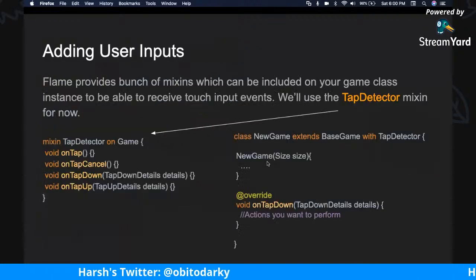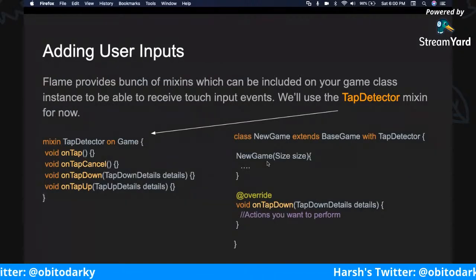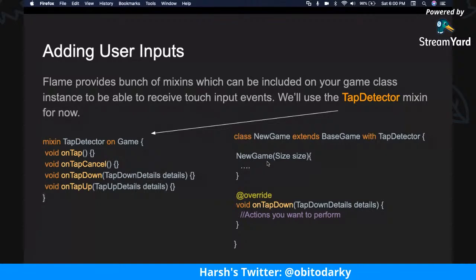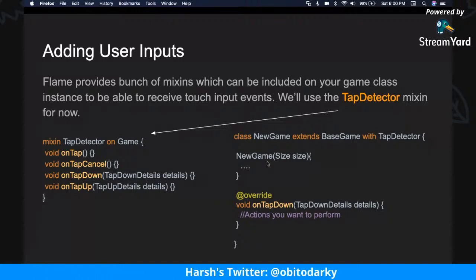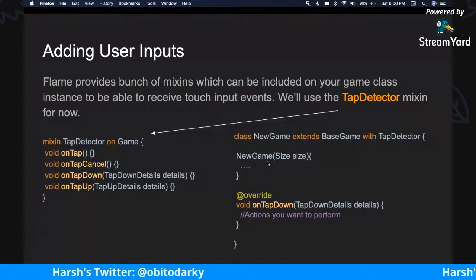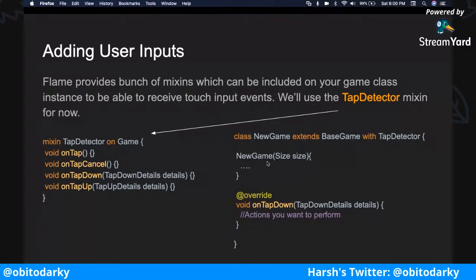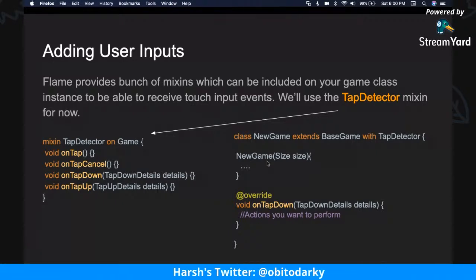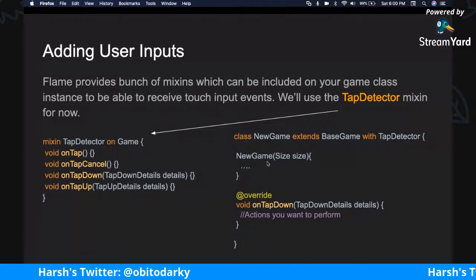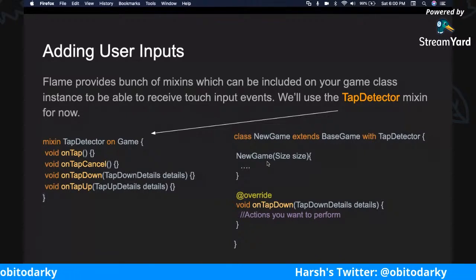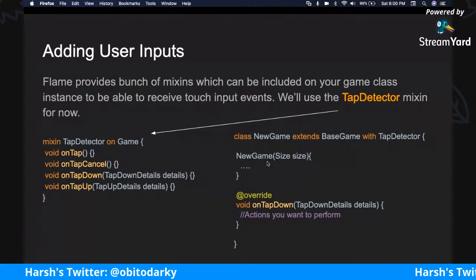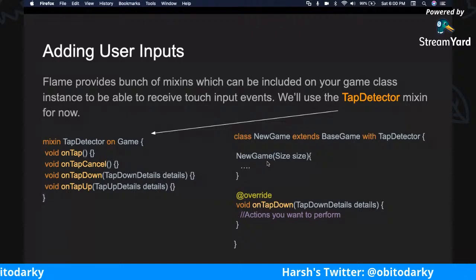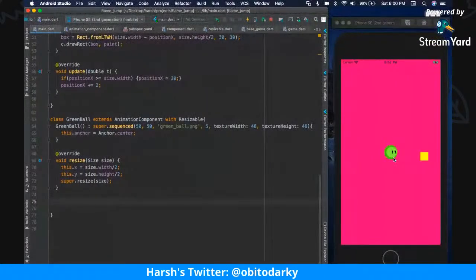Now we'll be using user inputs, and Flame provides a bunch of mixins that you can use to handle touch input events. We'll be using the tap detector mixin, which provides four methods, and we'll be using the tap down method. Whenever the user taps on the screen, we want to move our green ball.